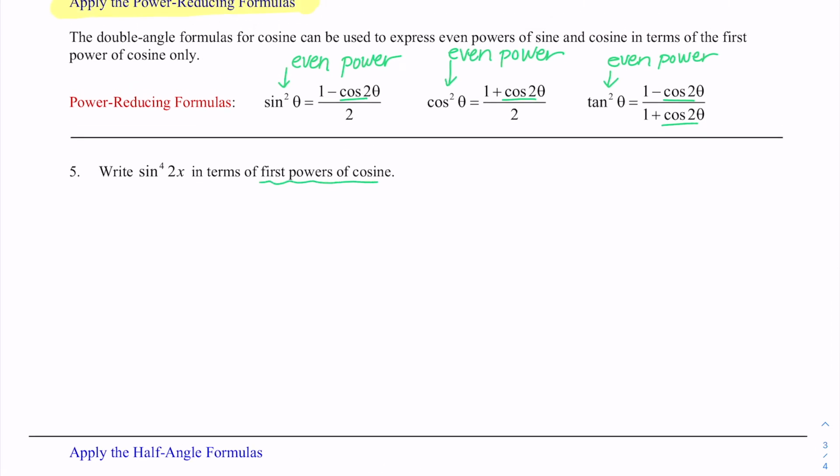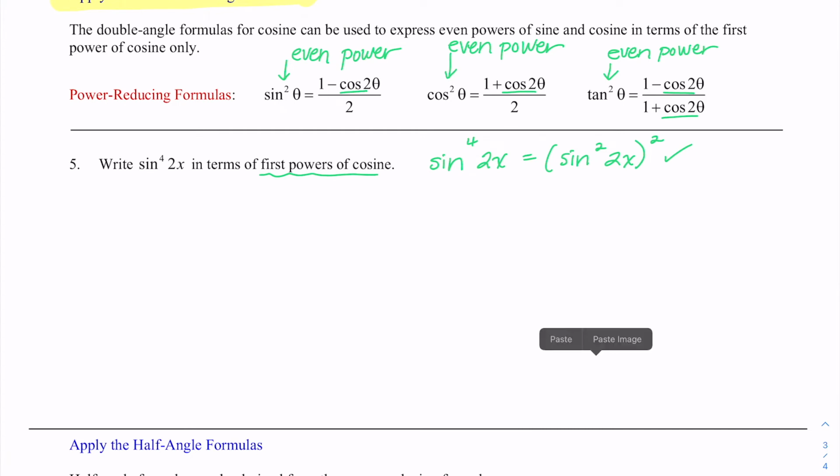So the first thing we want to do is make sure we understand that the sine of 2x raised to the 4th power is equal to the sine squared of 2x all squared. So that's going to lead us to this.